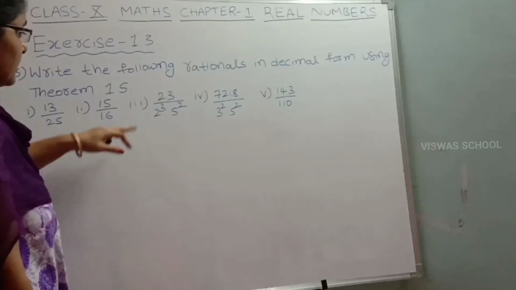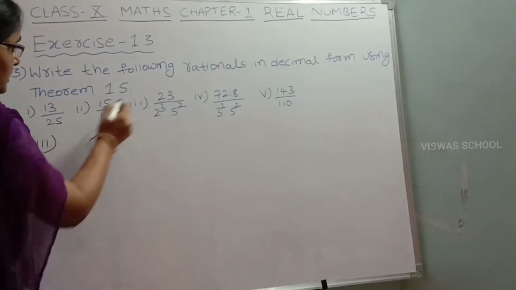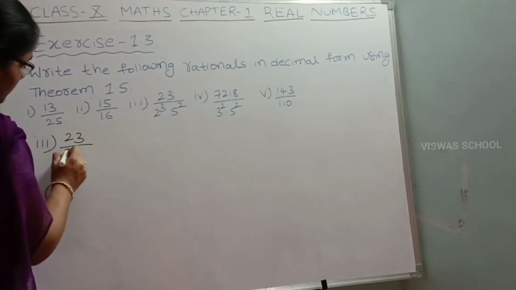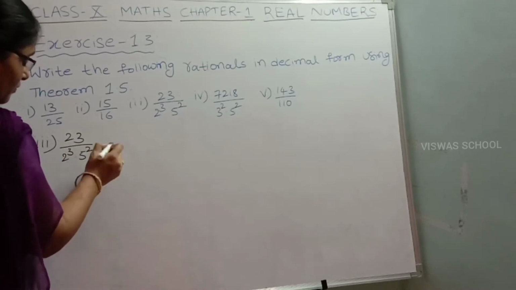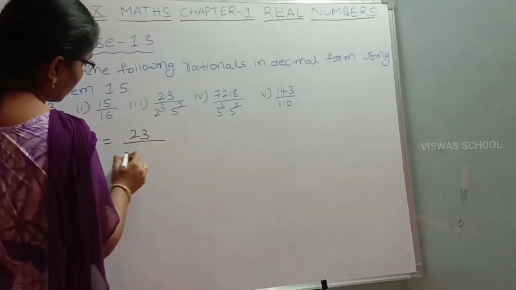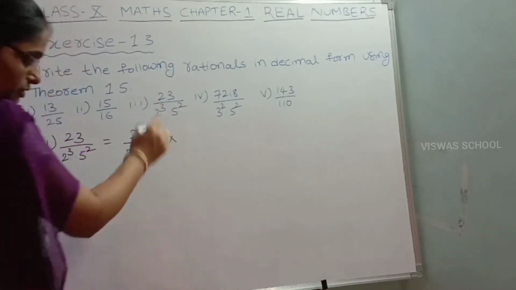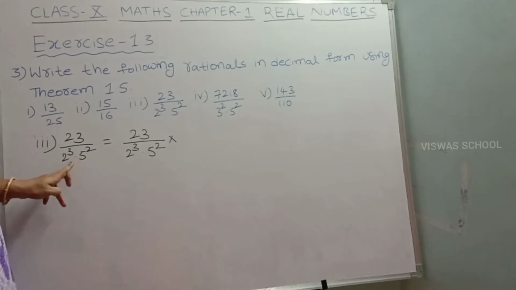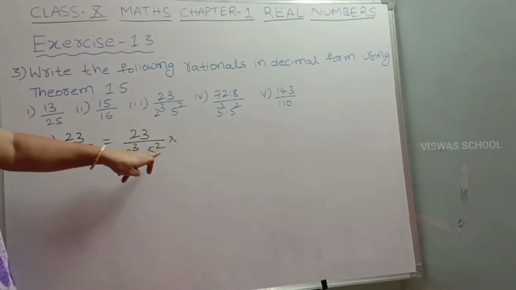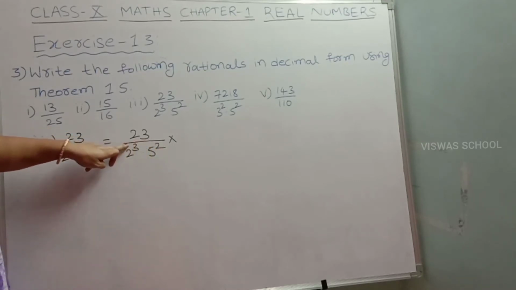0.9375. Next one is the third one, 23 by 2 cube into 5 square. It is equal to 23 by 2 cube into 5 square. For converting the denominator into powers of 10, or 2 power n into 5 power m, here we have 5 to the power of 2 and 2 power 3.